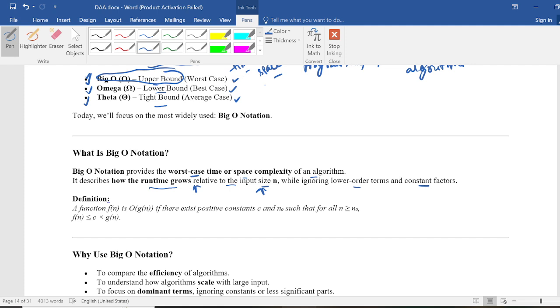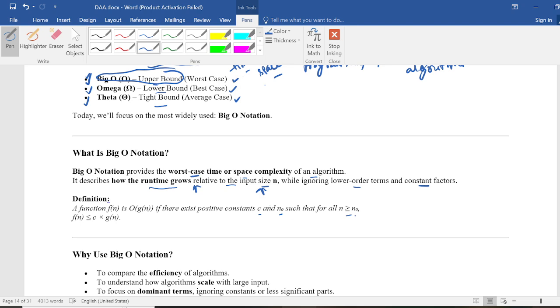Coming to the basic definition: a function f of n is O of g of n if there exist positive constants c and n0 such that for all n greater than or equal to n0, f of n is less than or equal to c times g of n.